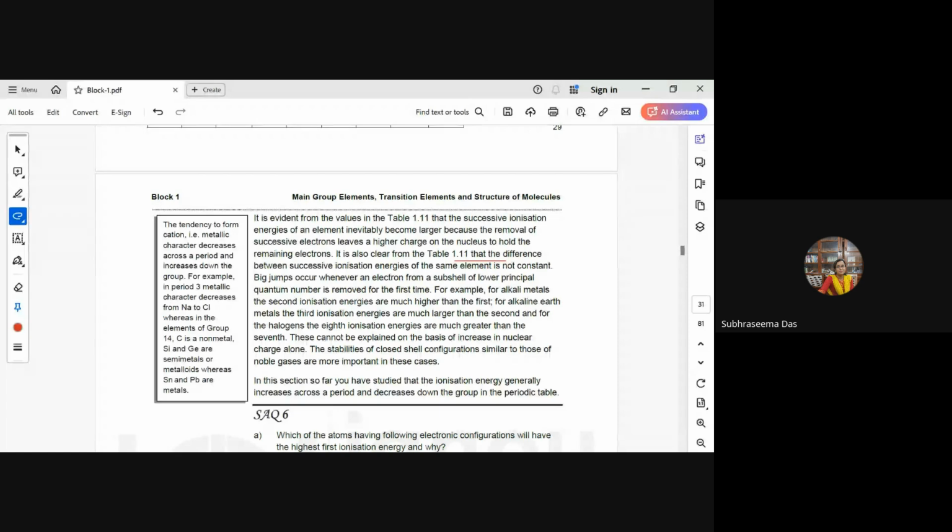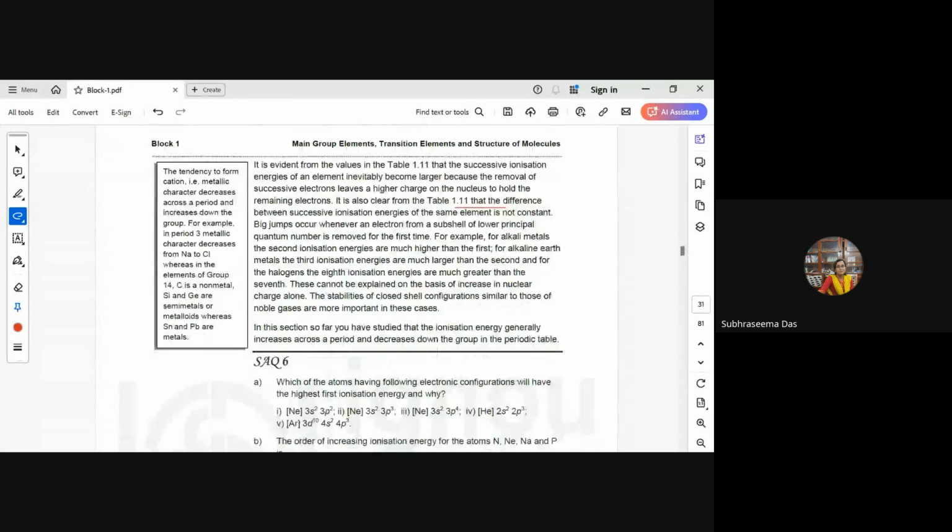Such differences cannot be explained just on the basis of Z star or n. We need to also consider other factors such as electronic configuration, stability, pairing energy, and so on.